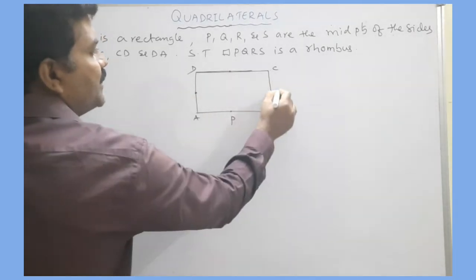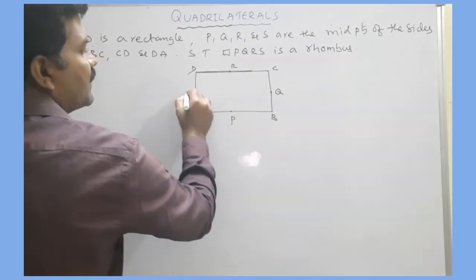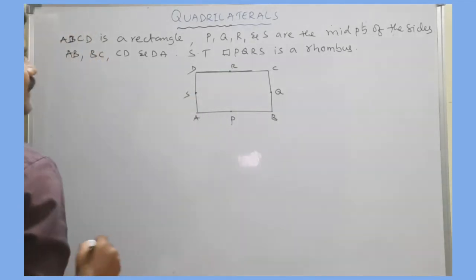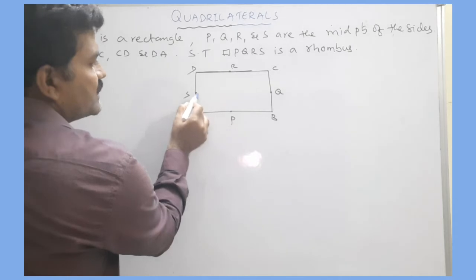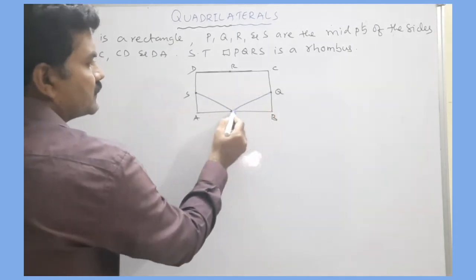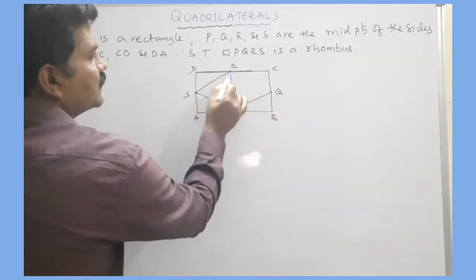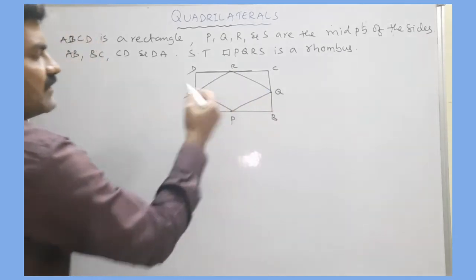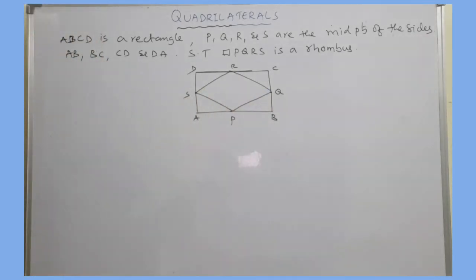They are nothing but P, Q, R, S. And if you join these midpoints, we have to prove that the quadrilateral PQRS is a rhombus.